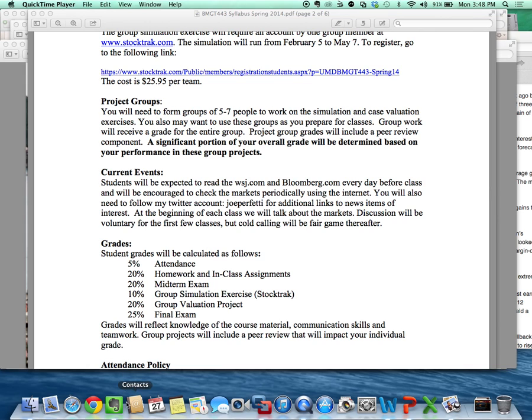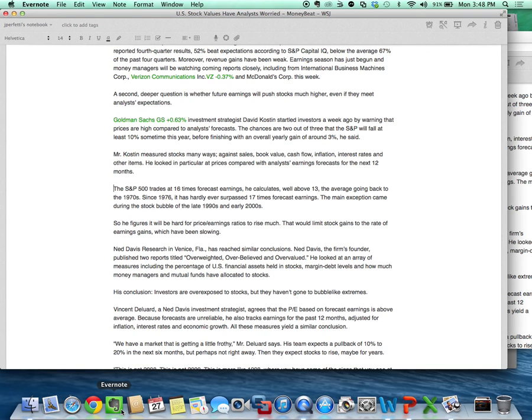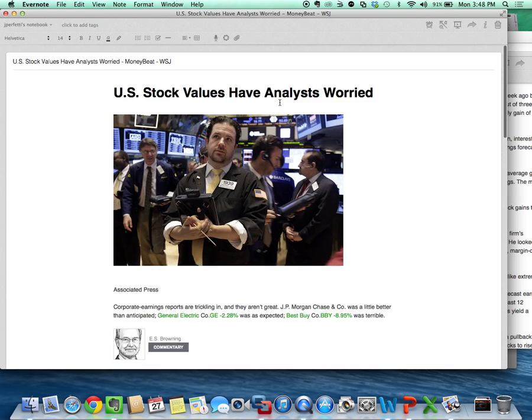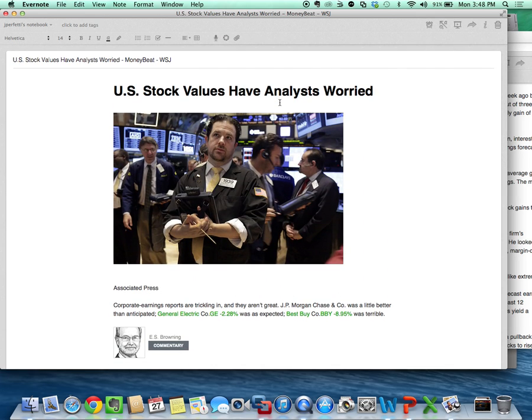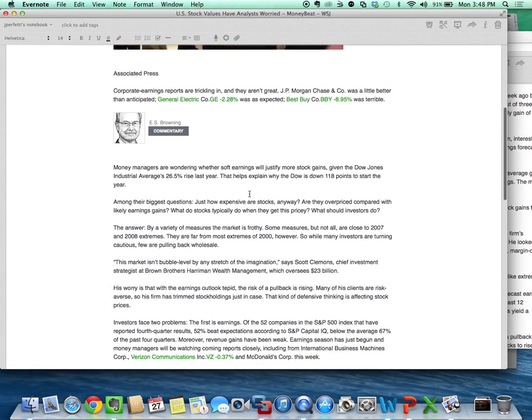Here's why. I was reading an article, and this is why you got to pay attention to current events. It's the Wall Street Journal, and it talked about how Goldman Sachs said that they're worried about the values of the U.S. stock market. And I just clipped it into Evernote. But here's the important point.